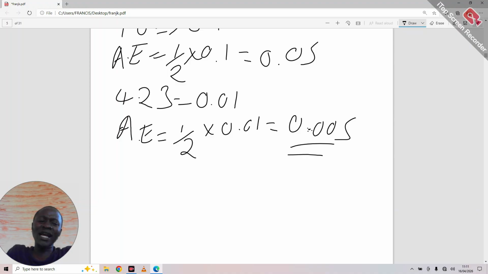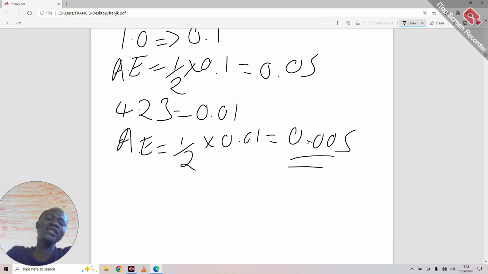So, if it is a maximum absolute error, you will add that given absolute error to the previous number. Now, for this case, 4.23 is our previous number. So, if the examiner wants me to get the maximum, I'll have 0.005 plus 4.23, the initial number.